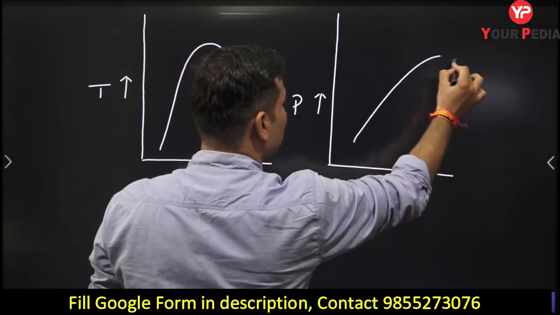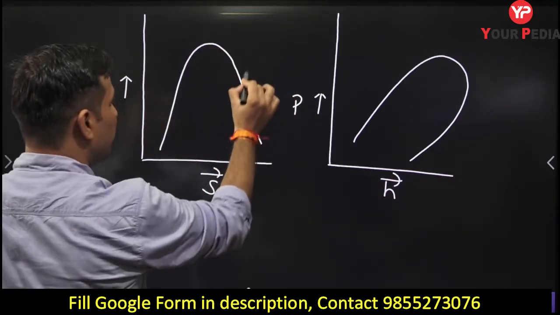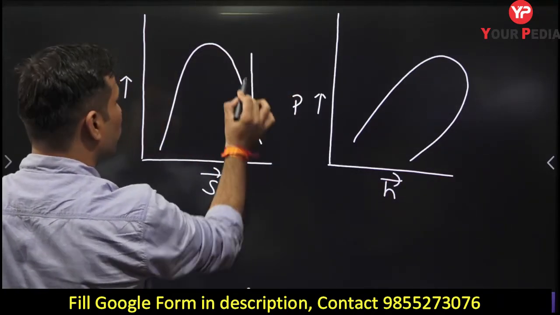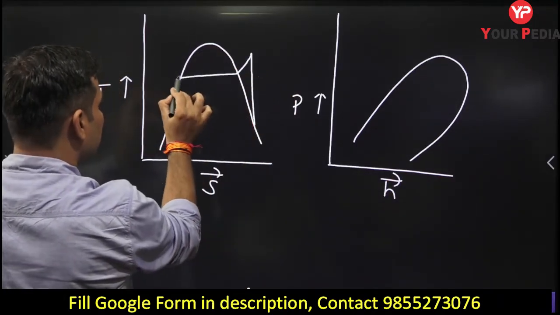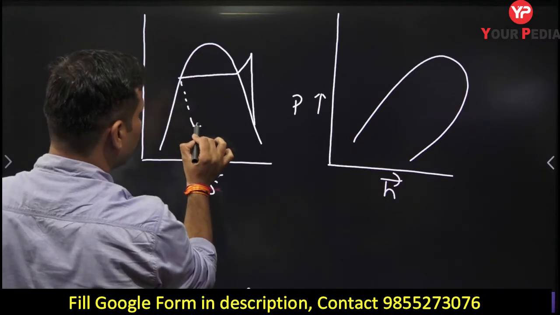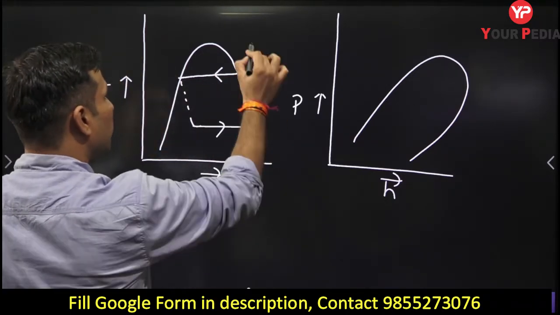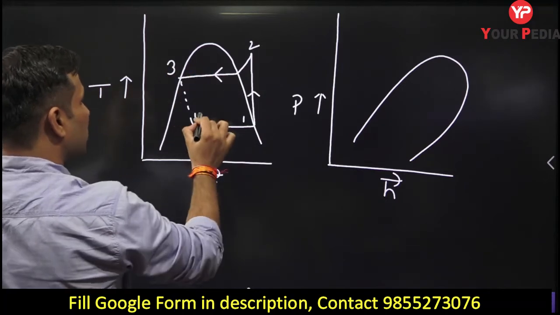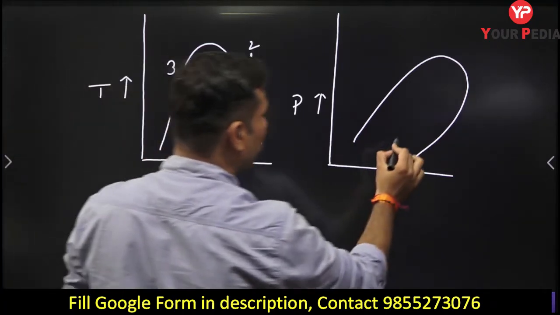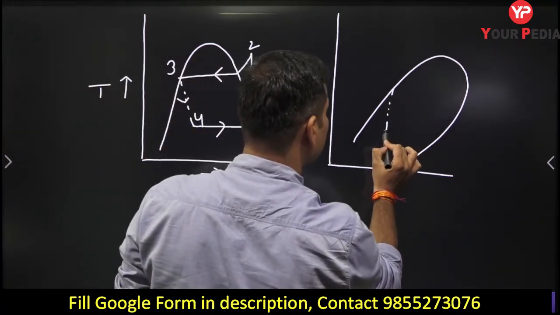Okay, this is the curve, something like this. Then if I show here the standard VCRS, the cycle will be something like this. This is the standard VCRS 1, 2, 3, 4. Okay, and here also you can show the standard VCRS, something like this.